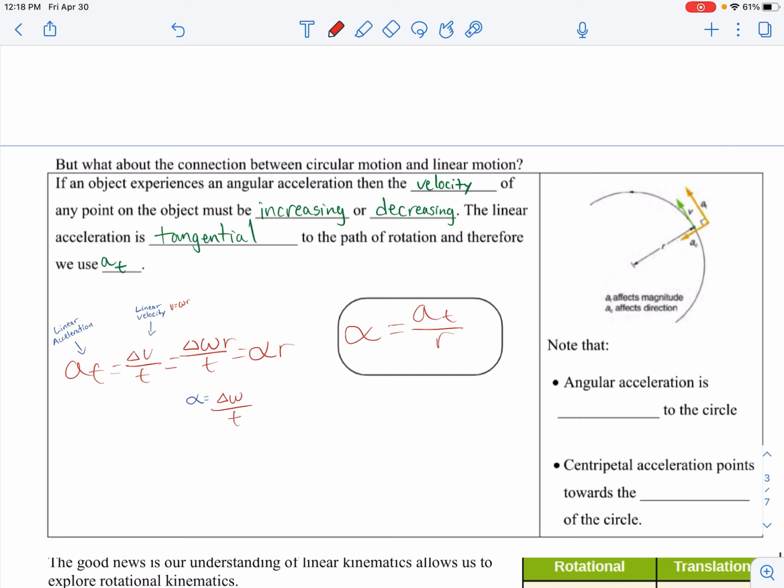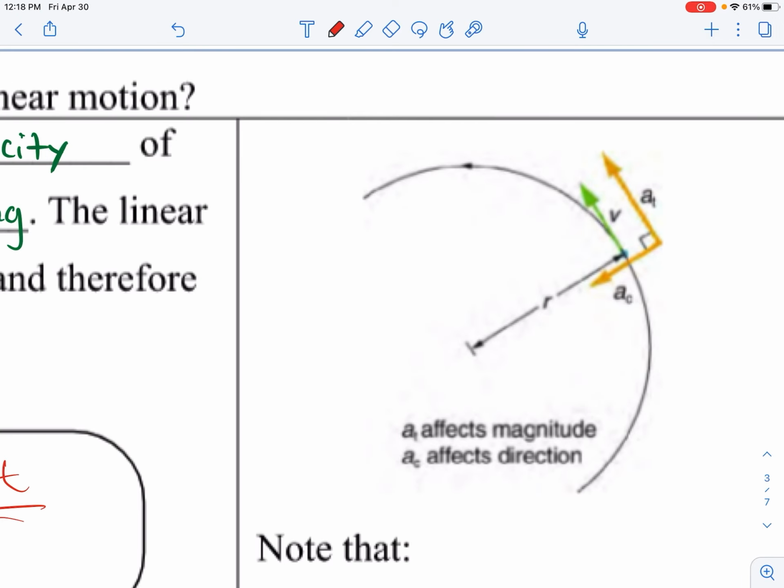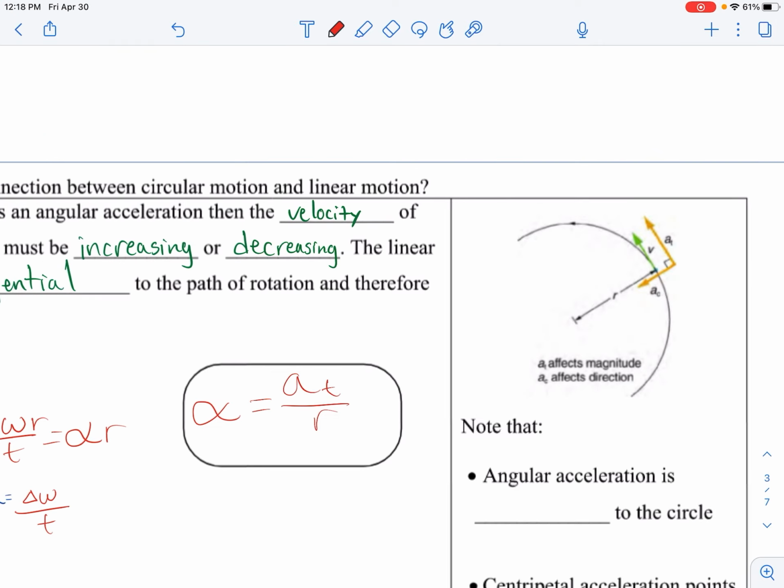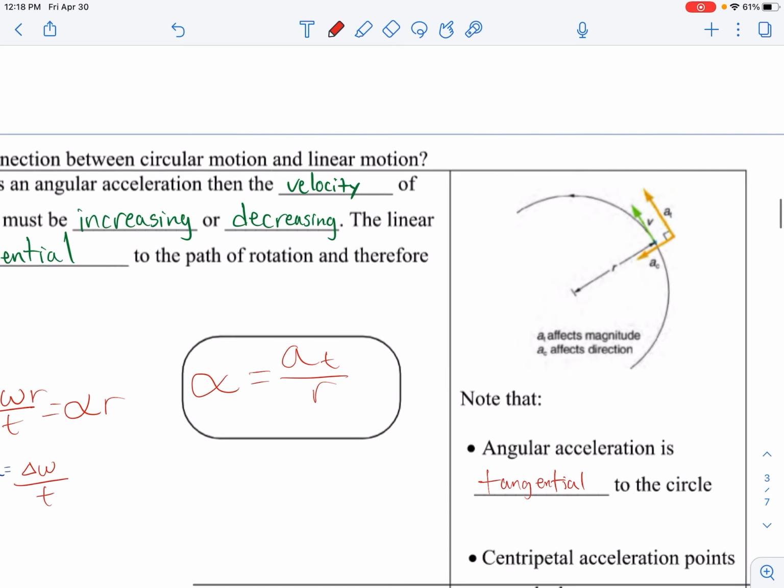So we're looking at our line here, right? We see that tangential acceleration is going to be tangential to the path of circular motion. Same with the velocity. So angular acceleration is tangential to the circle.